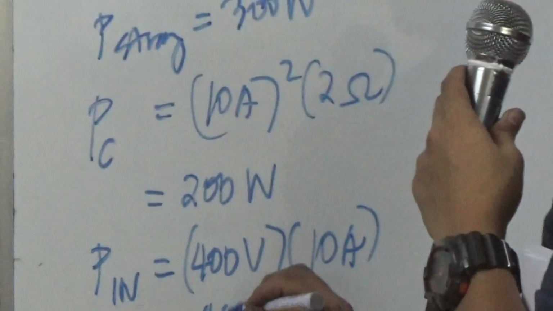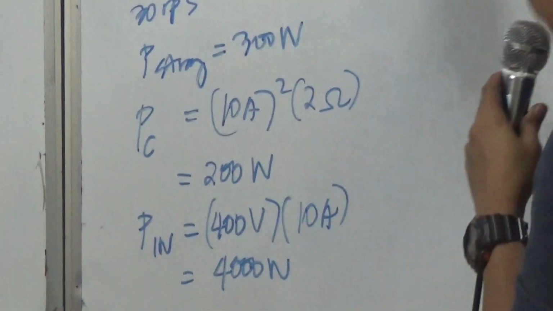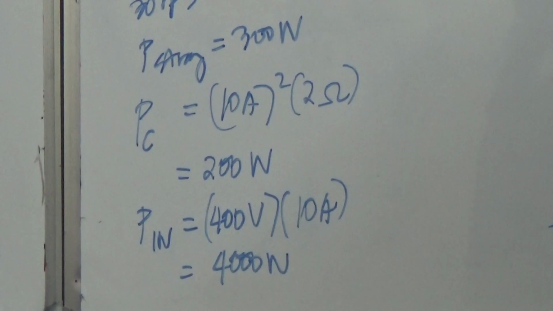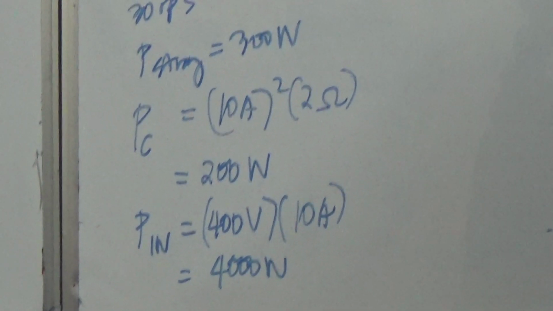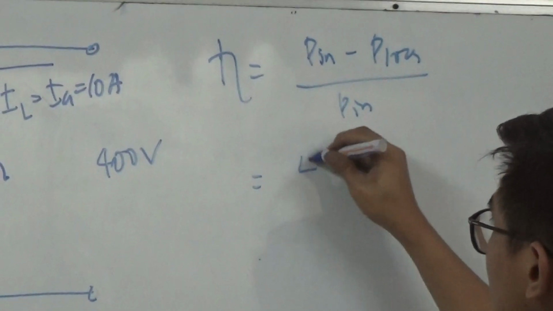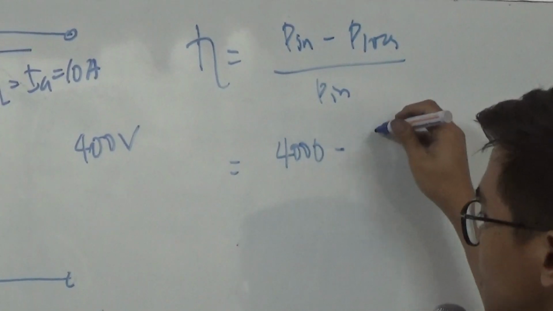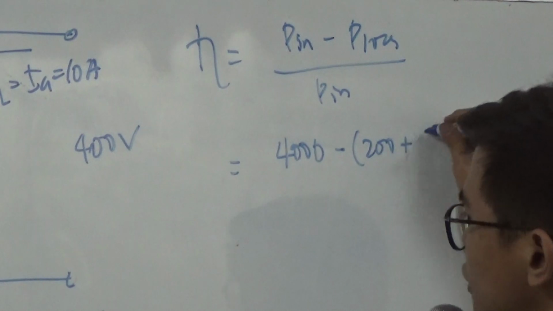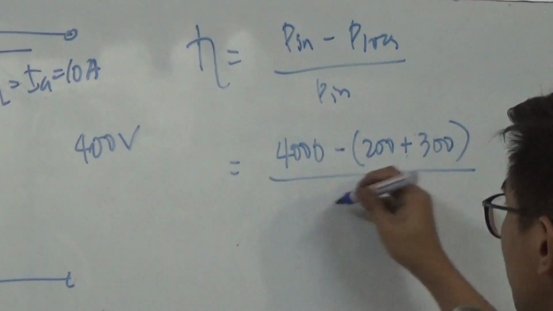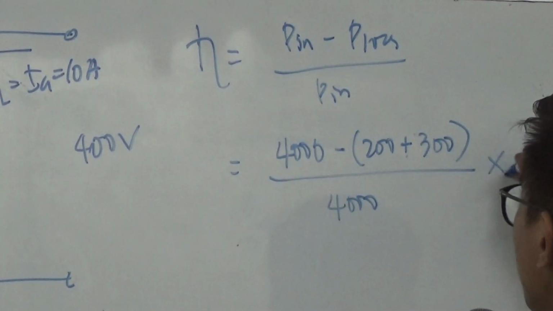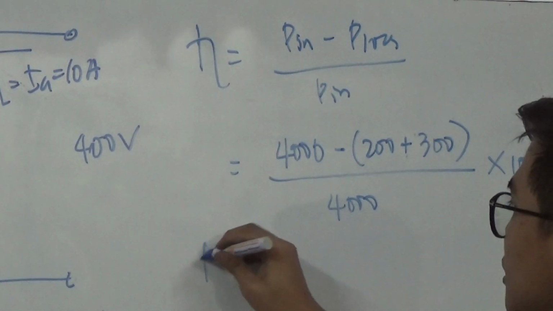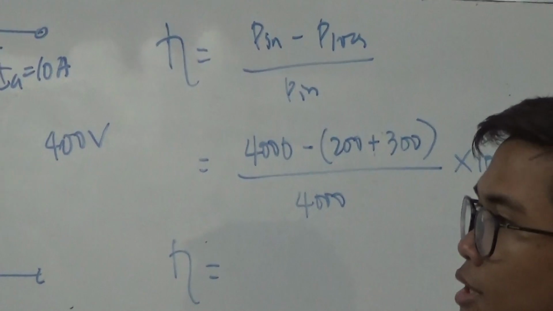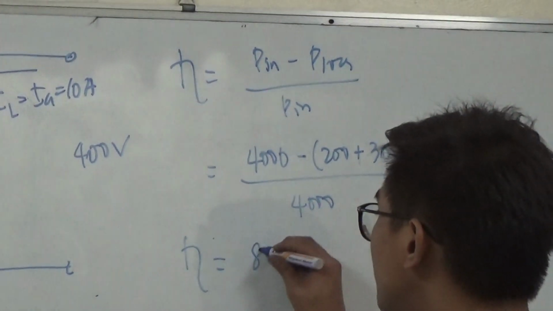This is 4,000 watts. Kukuha natin yung efficiency, that is P in minus P loss divided by P in. 4,000 minus 200 watts plus yung stray losses na 300, divided by 4,000 times 100%. 87.5%.